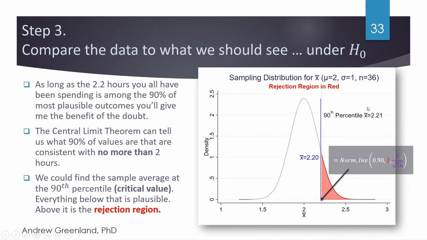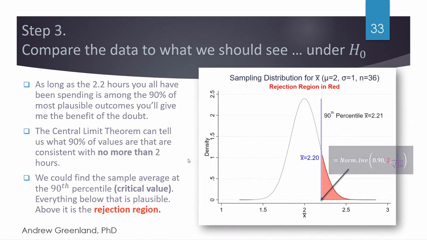But lo and behold, with your sample average of 2.20 hours, we are just inside the plausible region that would not allow you to be 90% confident that I had misled you.